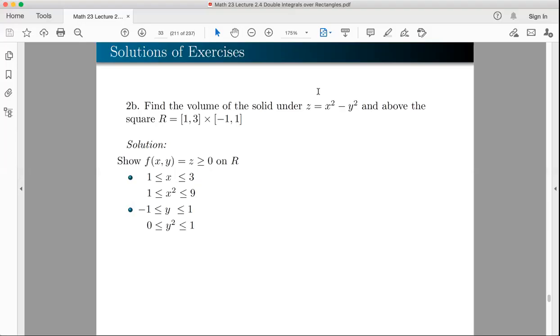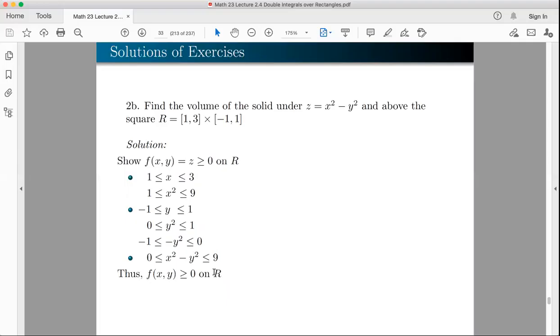If we want a negative y squared, we just multiply by negative 1, and the inequalities change directions. So x squared minus y squared is the same as x squared plus negative y squared. We add the lower bounds and the upper bounds, and we get 0 to 9. This proves that our function f is non-negative.